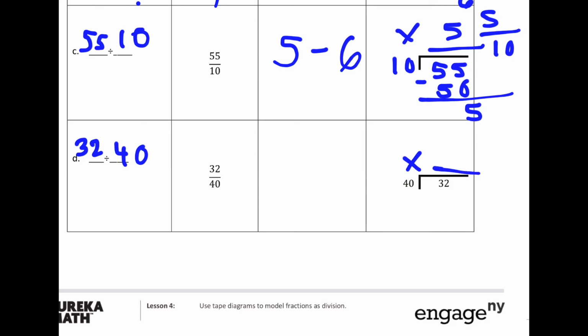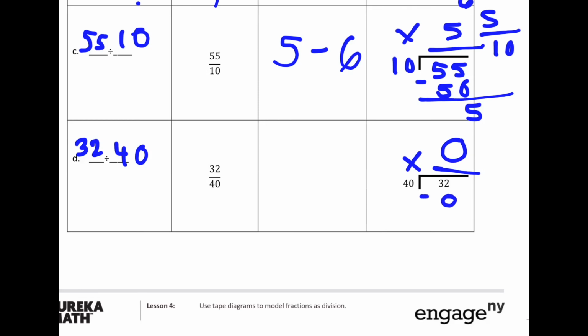40 is greater than, larger than, bigger than 32. So that's not going to work. So 40 times 0. Oops, let me make that a better 0. 40 times 0. Okay, so 40 times 0 is 0.